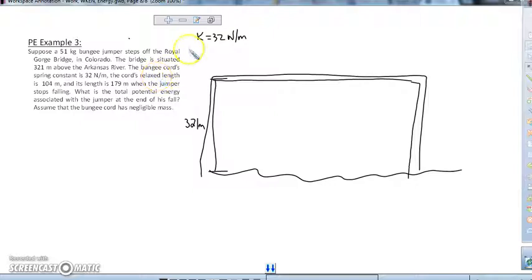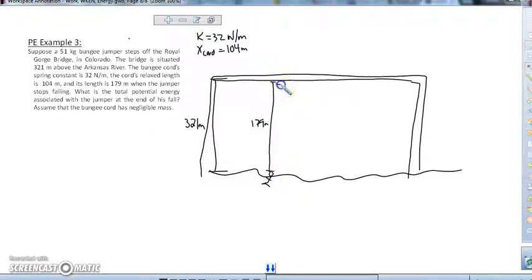The cord's relaxed length is 104. So this is, I'll call it x cord, which is 104. And its length is 179 meters when the jumper stops falling. So this thing stretches to 179 meters when the person is done falling from the bungee.